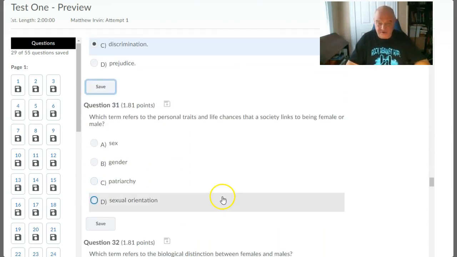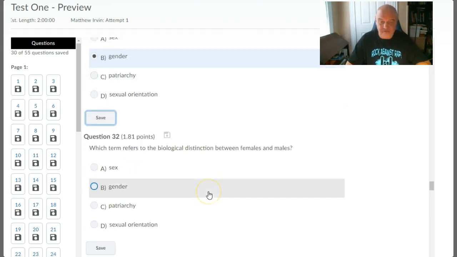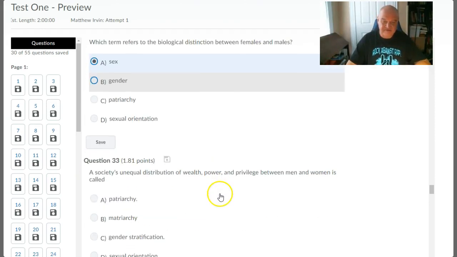Question 31. Which term refers to the personal traits and life chances that a society links to being female or male? Personal traits, life chances. This is gender. Which term refers to the biological distinction between females and males? And that is sex.